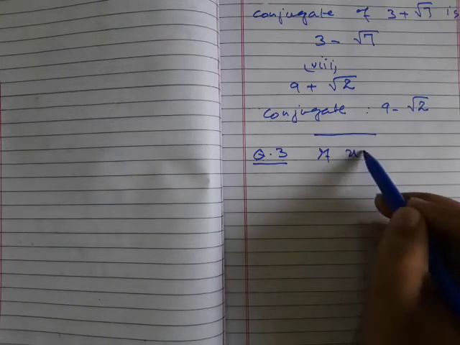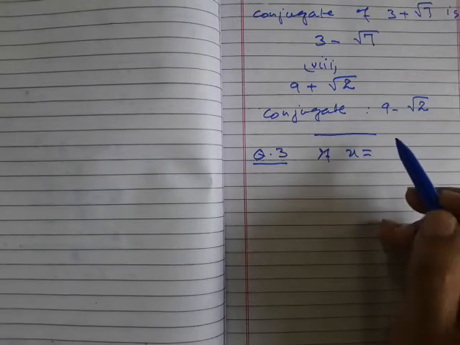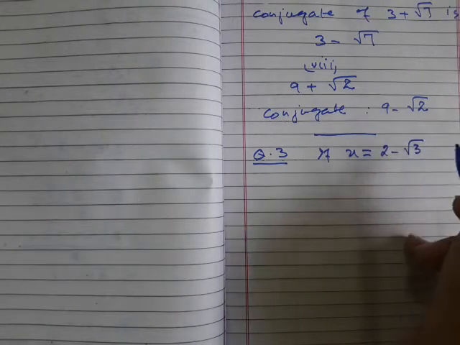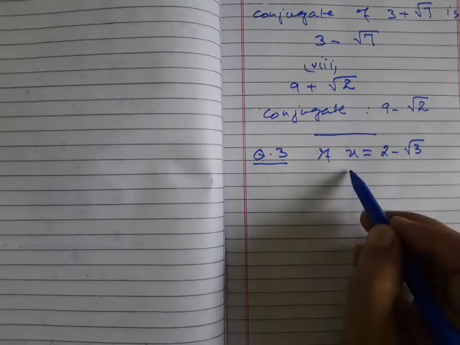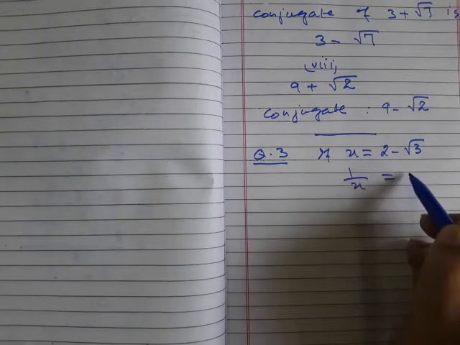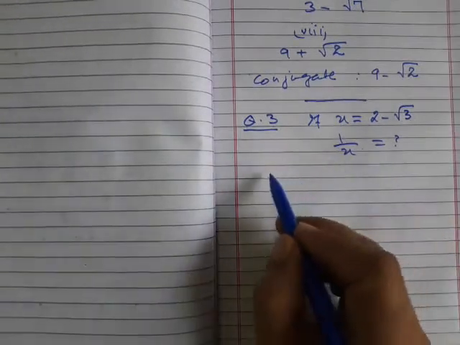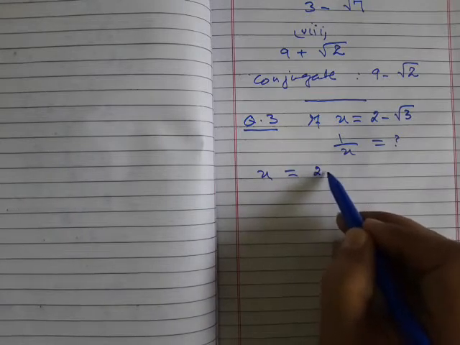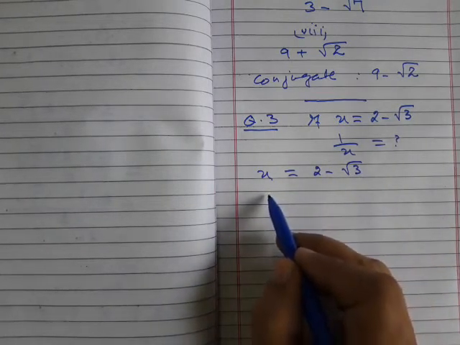If x equal to 2 minus under root 3, then we have to find 1 over x. Write it again. x equal to 2 minus under root 3. Take the reciprocal on both sides.